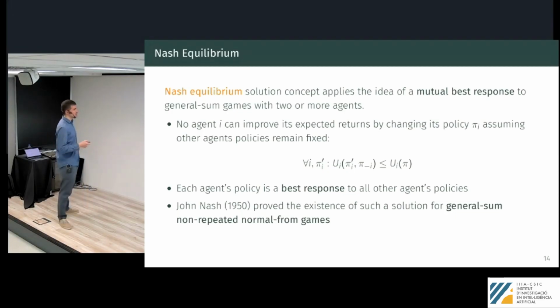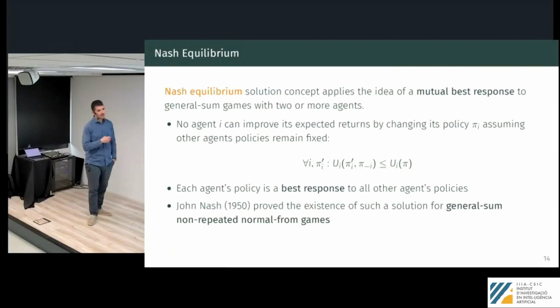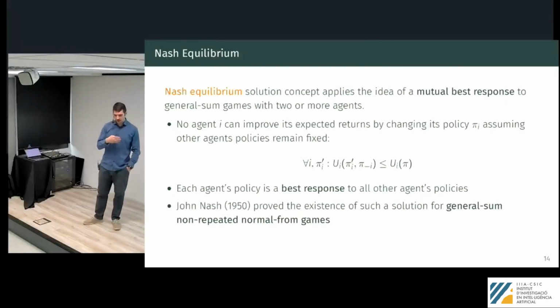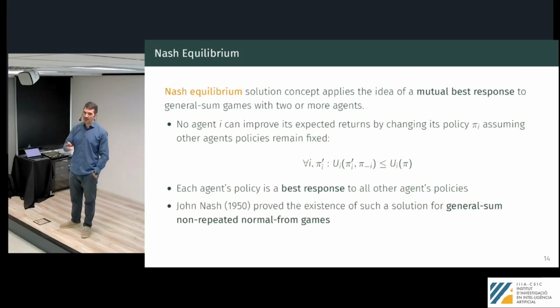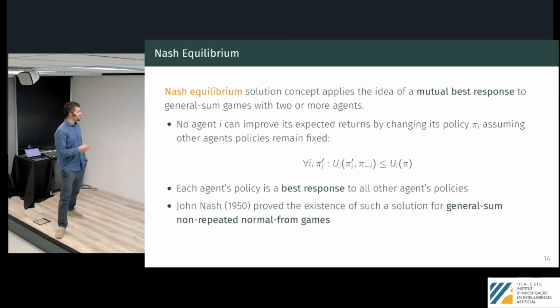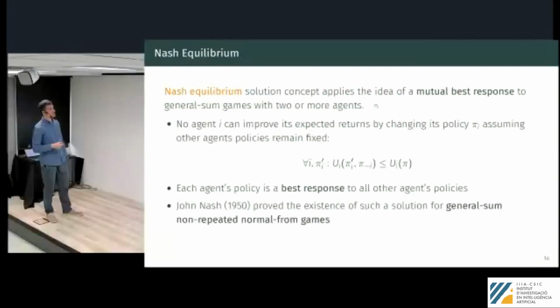But then there was John Nash, and he first proved that for any n-agent, so more than two agents, general-sum matrix game, there always exists a Nash equilibrium. And so what does it mean? A Nash equilibrium basically generalizes this idea of Minimax, where every agent is playing a mutual best response against all the other agents.